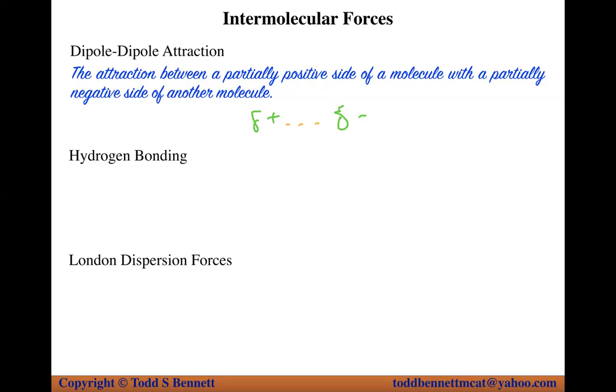And so let me consider the following. I'm going to do something called chloromethane. Chlorine is more electronegative, so it will carry a delta minus. This will carry a delta plus.